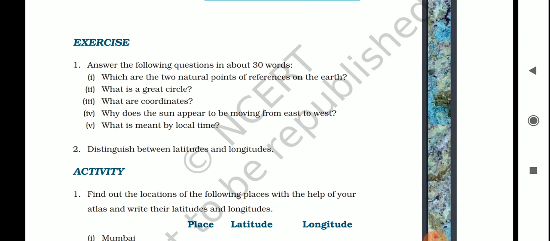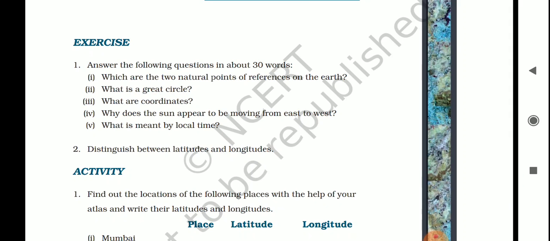Students, latitudes and longitudes are commonly referred to as coordinates for the following reasons. First, they provide a systematic network of lines upon which the positions of various surface features of the earth are represented. And second, location, distance and direction of various points are easily determined.